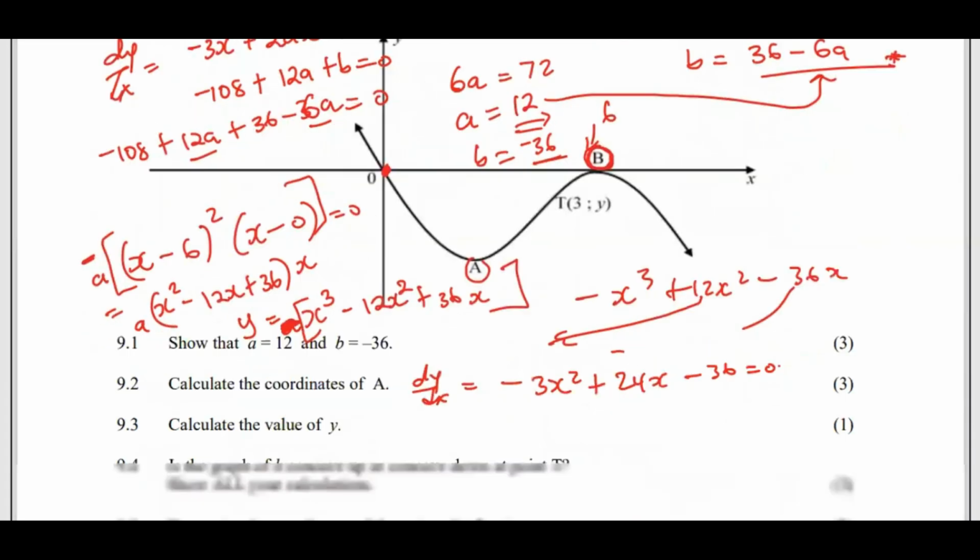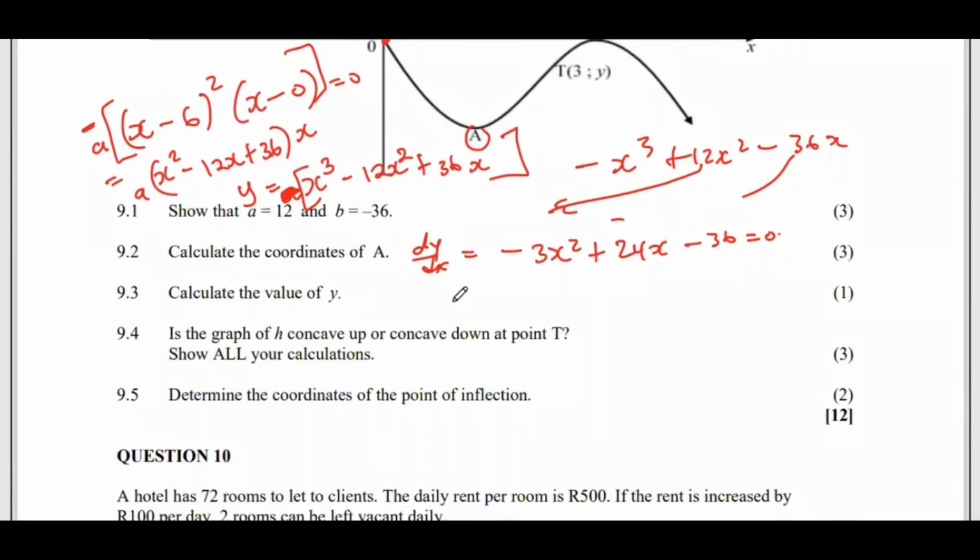And then we solve using either the quadratic or the factor method. You can even start by dividing through by negative 3 if you want. So if I use my quadratic, that is negative 3 times x squared plus 24x minus 36, getting x as 2 or x as 6.